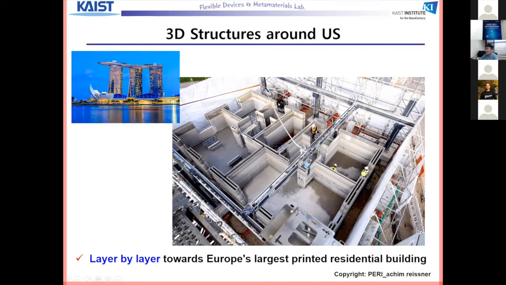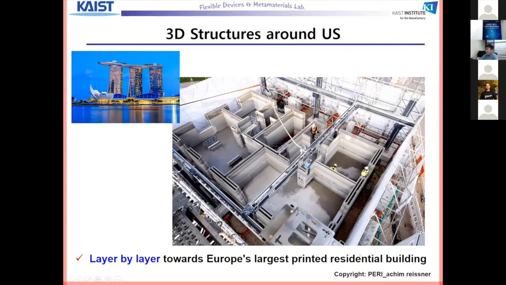So this tells my scheme. Even though we want to make complex three-dimensional houses and buildings, everything is just layer by layer, line by line drawings. So is it possible to make this three-dimensional complex structure in a single shot of patterning?